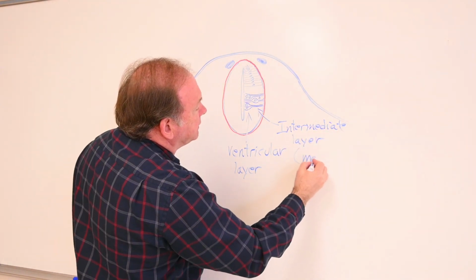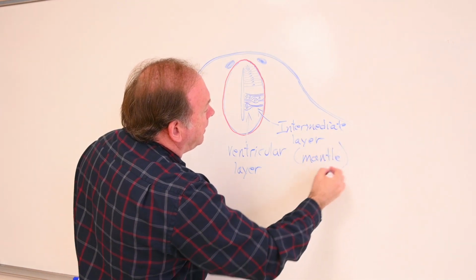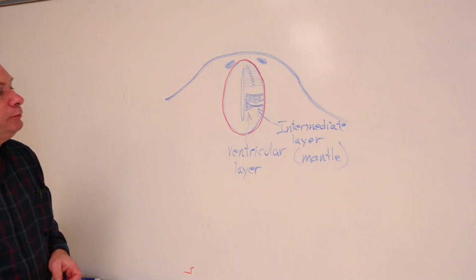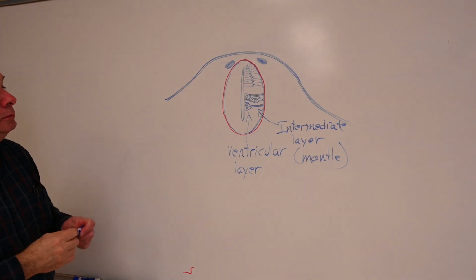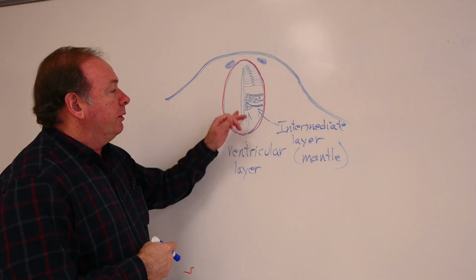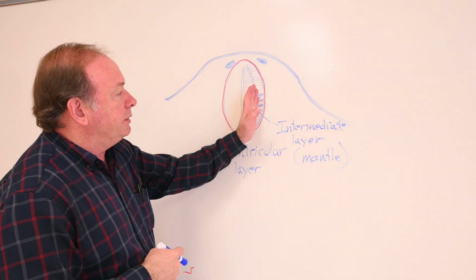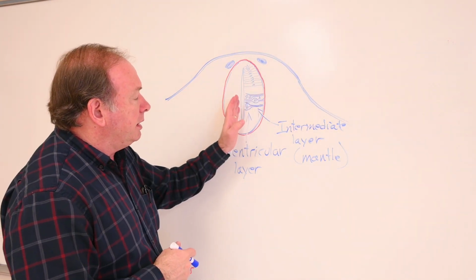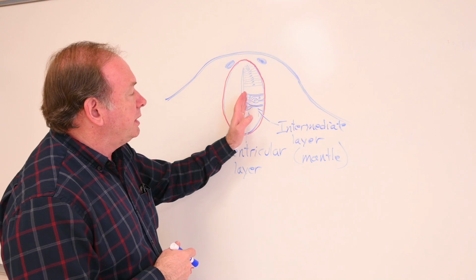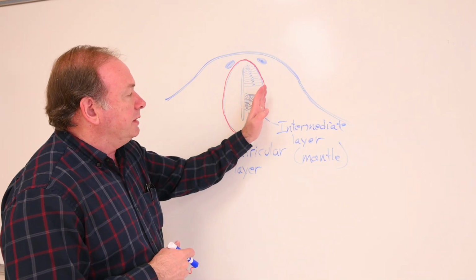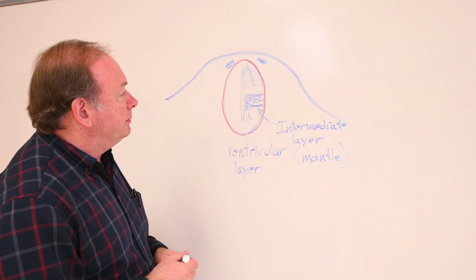I'll put in parentheses a mantle there. So the nuclear divisions happen near the ventricular layer right through here, and then the other cells that are not in some stage of division have their nuclei situated further out there.